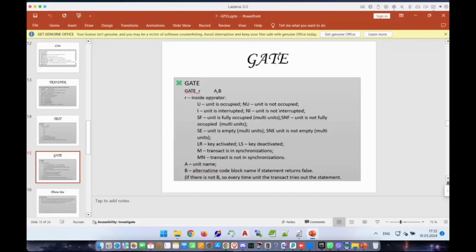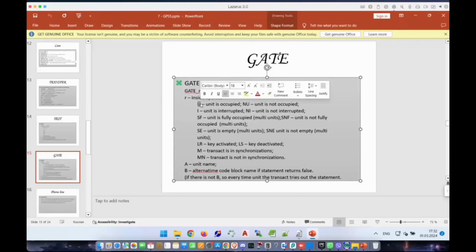Storage is just the multi-slot facility. So for facilities, or the one-slot instances, we can have only two possible cases: when the slot of the facility is occupied by a transact or is not occupied. Only two states, like taken or free.